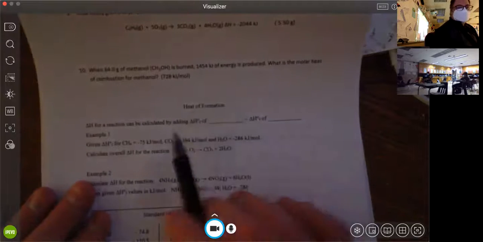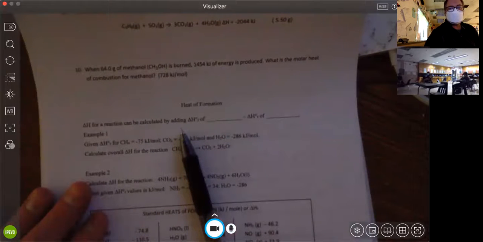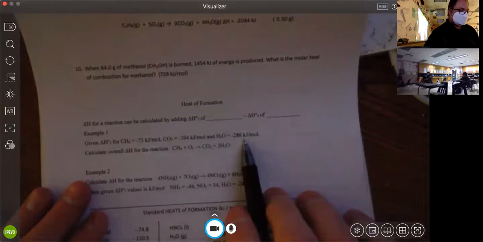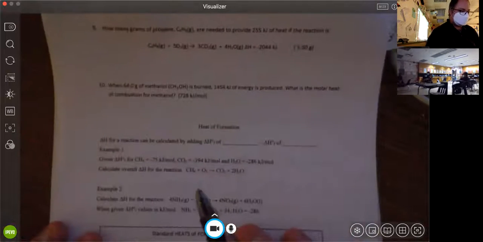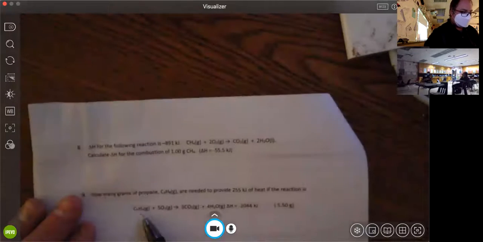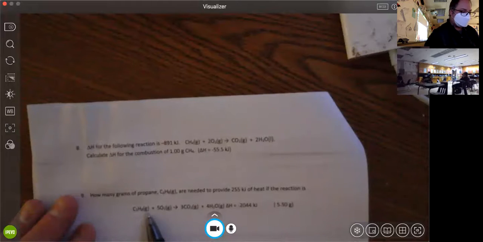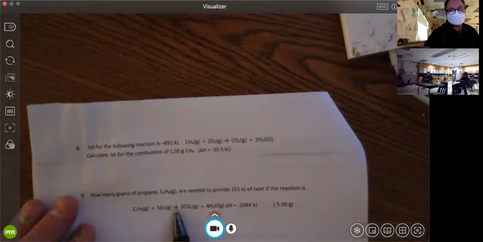So yeah, I just had a quick question. When it says kilojoules per mole for the equation, is that per moles of product, or what is that per moles of? It's per moles of everything that they give you in the equation. So for this combustion, it would be per mole of this, but whenever you use it, you have to deal with 5 moles of oxygen, right?